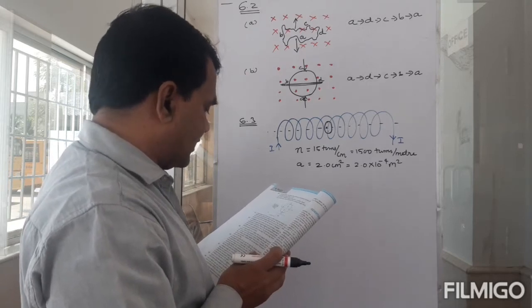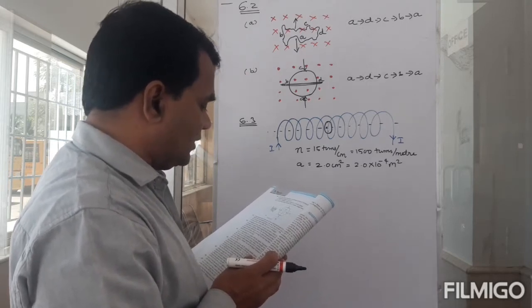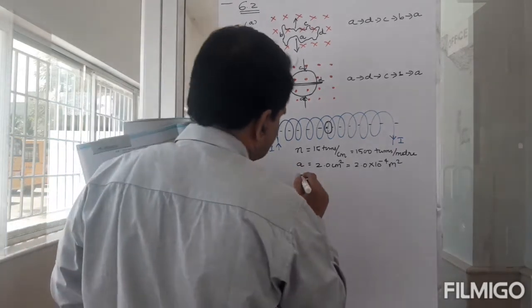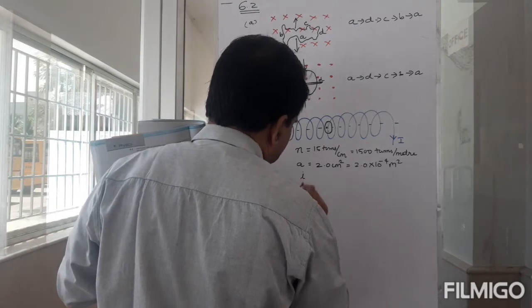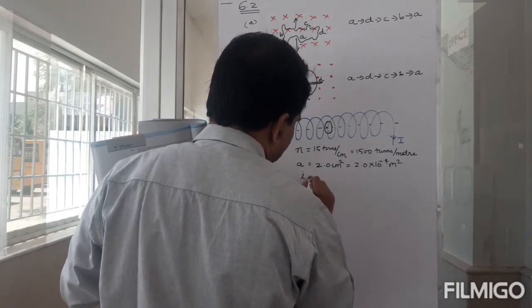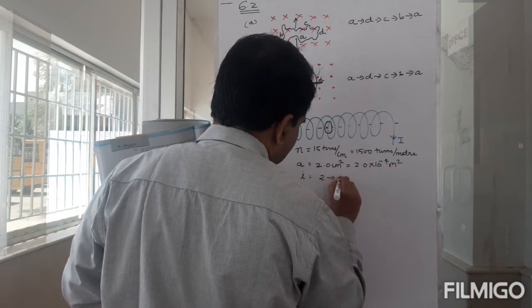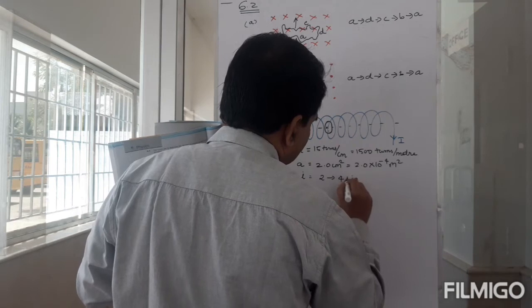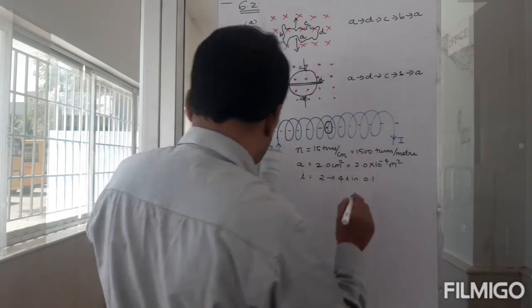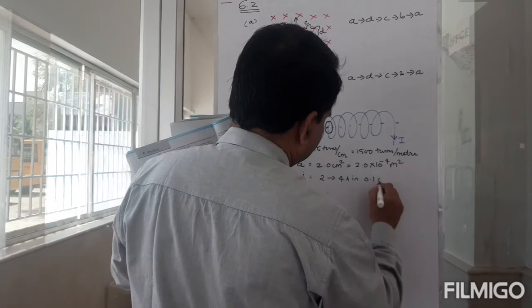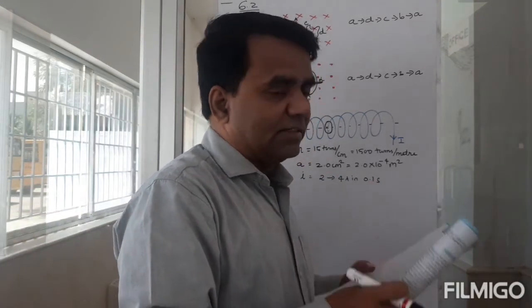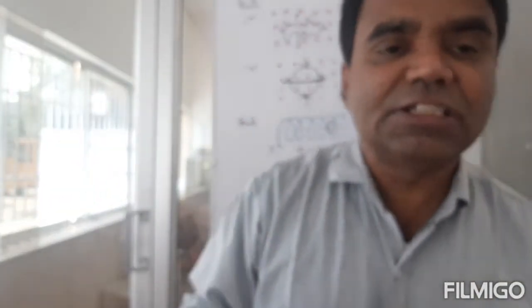And the current carried by the solenoid changes steadily from 2 amperes to 4 amperes in 0.1 second. So the current I changes from 2 to 4 amperes in 0.1 second. Then what is the induced EMF in the loop while the current is changing? Obviously, if the current has stopped changing, no EMF will be produced.